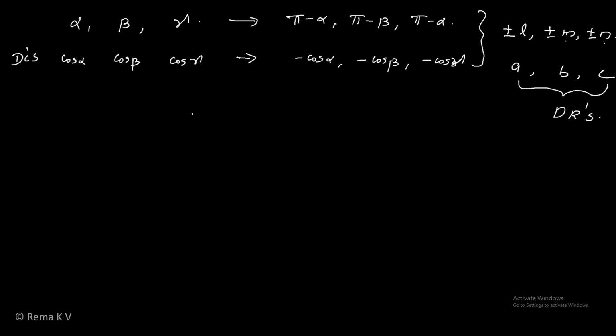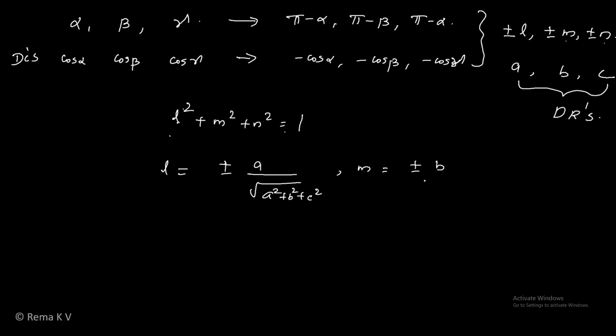And from here we can write L square plus M square plus N square is equal to 1. That is, the sum of squares of the direction cosines is equal to 1. And also we can write L as plus or minus A by root of A square plus B square plus C square, M is equal to plus or minus B by root of A square plus B square plus C square, and N is equal to plus or minus C by root of A square plus B square plus C square.